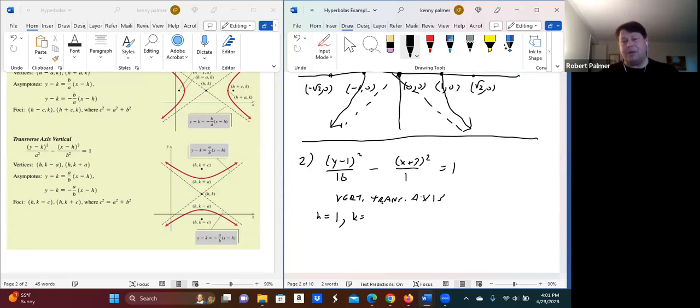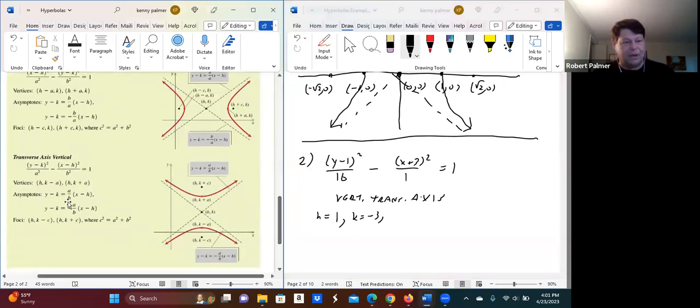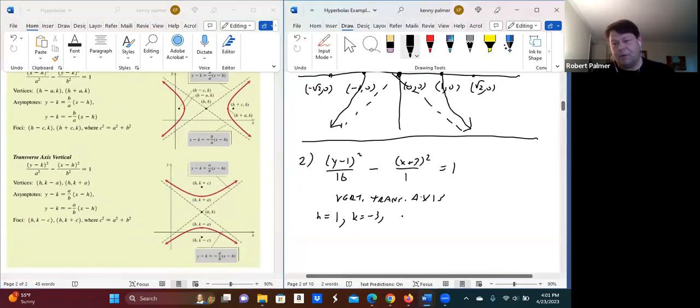K is positive here, so k is negative 3. Then also, remember our a is going to be the square root of this. So a goes under the first term in both cases. So our a here is going to be 4. And our b is going to be 1.